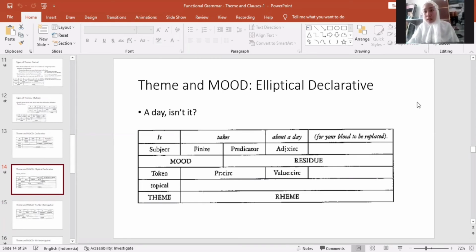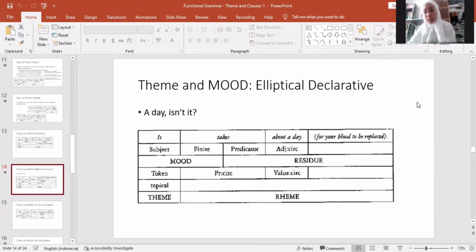Theme and mood in elliptical declarative. Elliptical declarative clauses are informationally significant; components of the structure will depend on the context. For elliptical declarative: a day, isn't it. For example: it takes about a day for your blood to be replaced. It is subject, takes is finite and predicator.